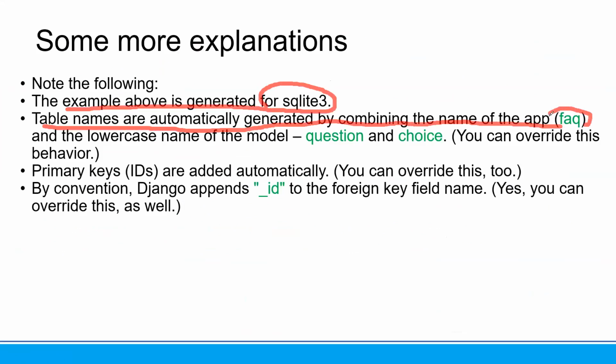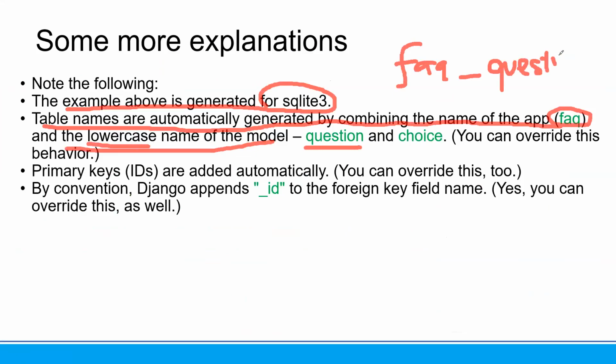So if your app is FAQ, the table name will be faq underscore and the lowercase name of the model. We will always use lowercase. So faq_question, and then we have faq_choice.